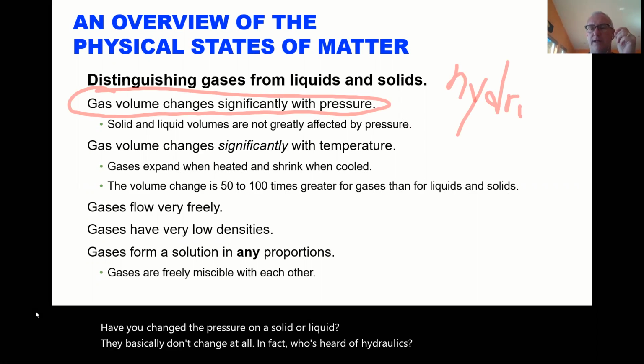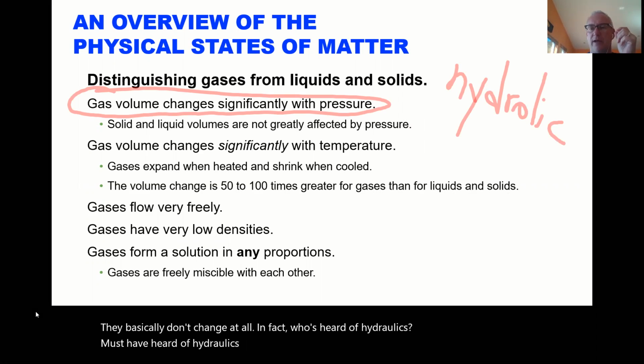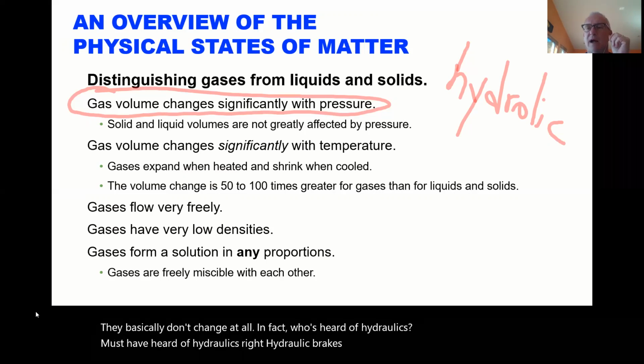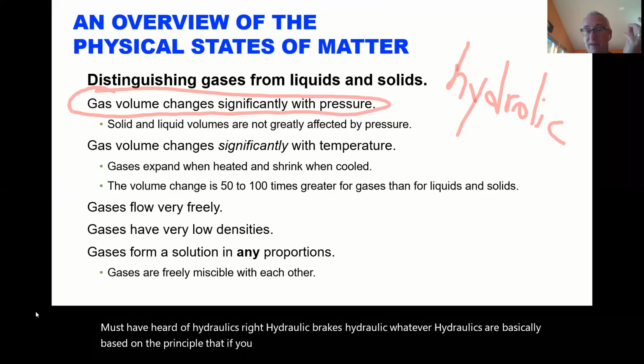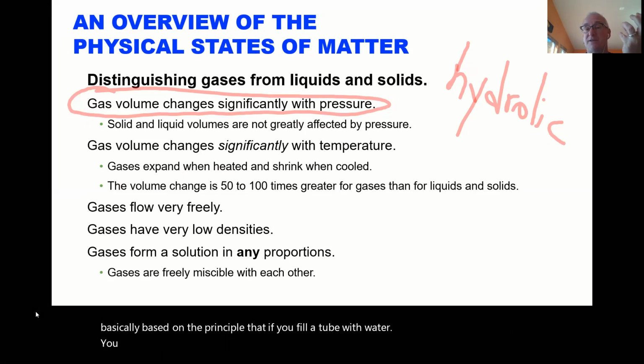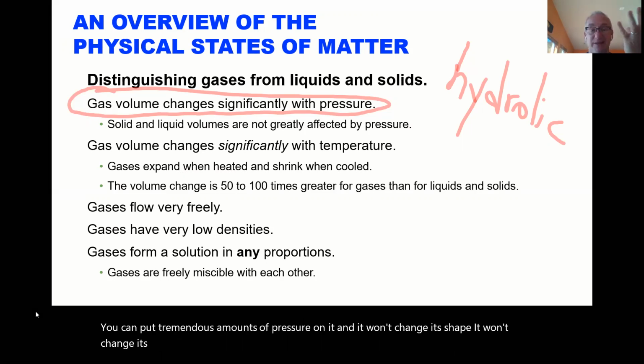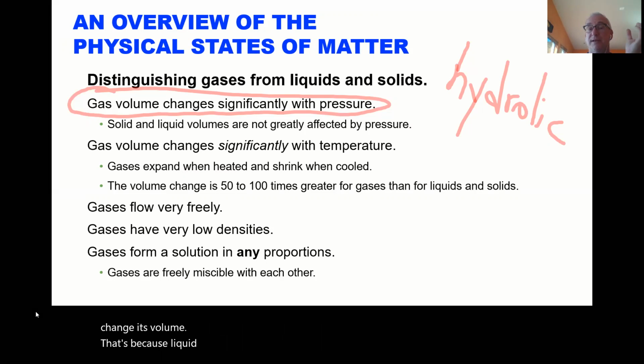You must have heard of hydraulics, right? Hydraulic brakes, hydraulic whatever. Hydraulics are based on the principle that if you fill a tube with water, you can put tremendous amounts of pressure on it and it won't change its shape. It won't change its volume. That's because liquids do not change their volume when you put large amounts of pressure on them.